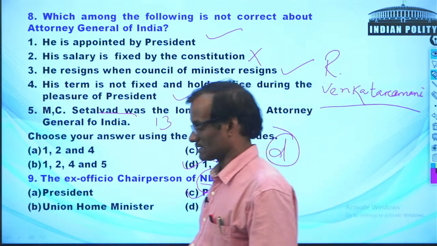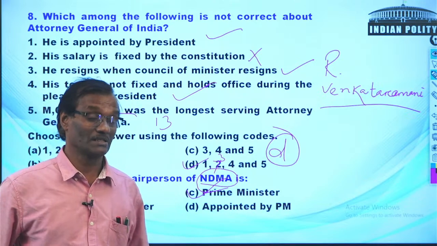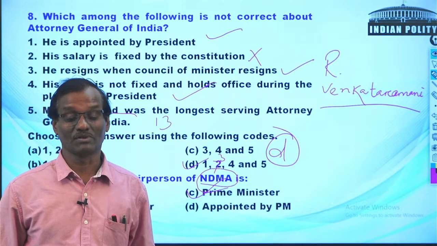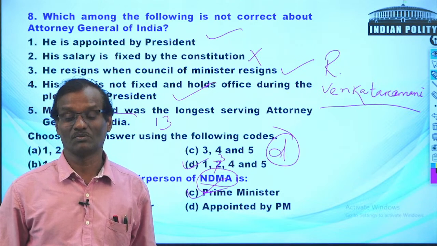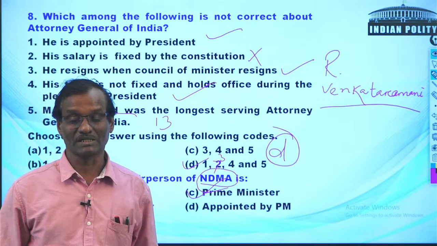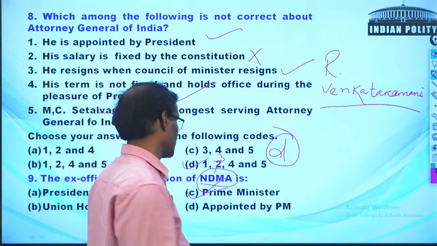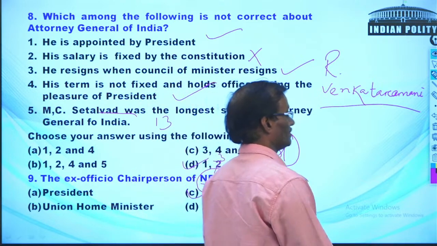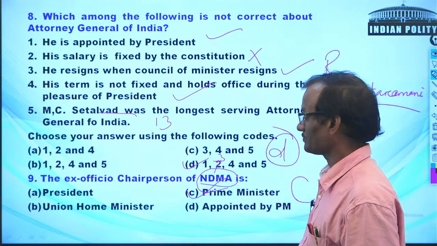NDMA is established as a high-powered statutory body under the National Disaster Management Act 2005, and it works in cooperation with the states to mitigate the effect of disasters and to have disaster management and preparedness across the country. So that is C, NDMA, National Disaster Management Authority. Okay, is that clear?